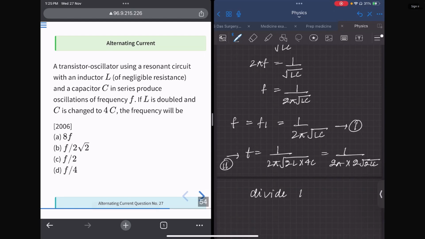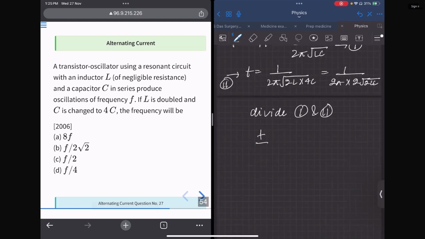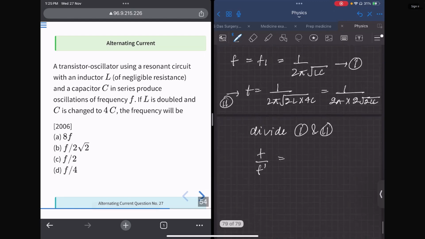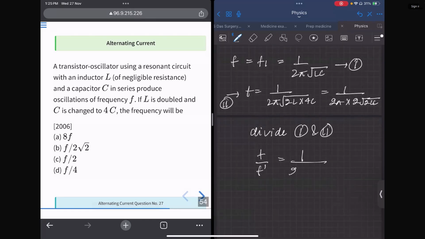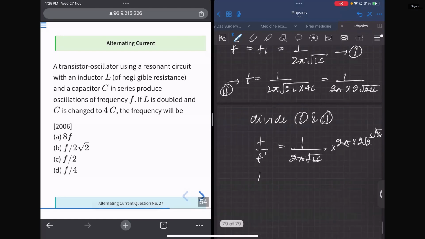Divide 1 and 2. So F by F dash is equal to 1 by 2 pi root LC over 1 by 2 pi into 2 root 2 root LC. All of this will cancel out, so F by F dash is 2 root 2.